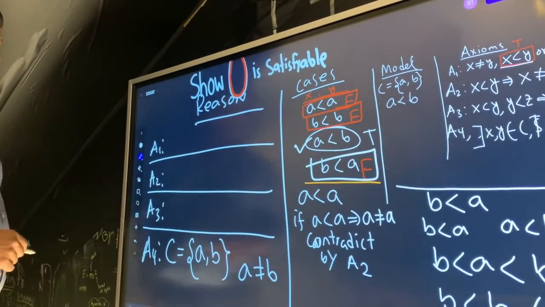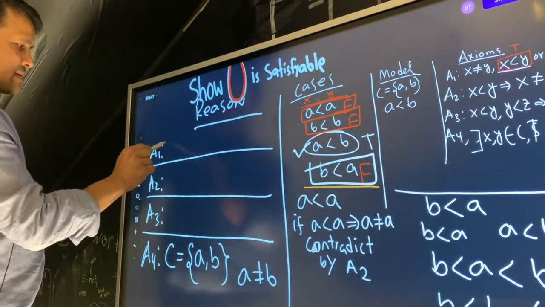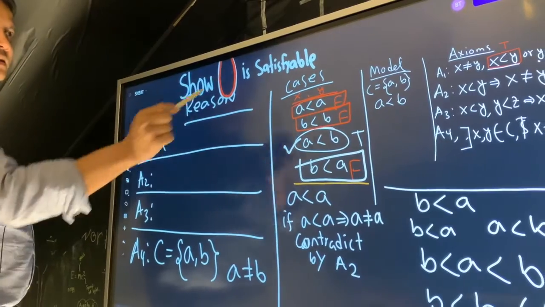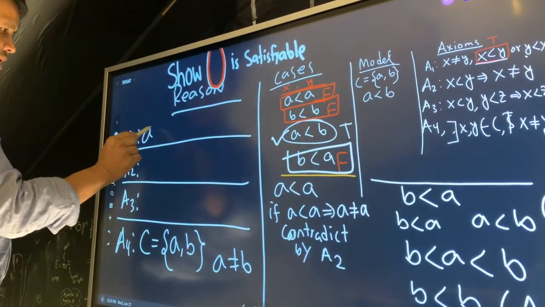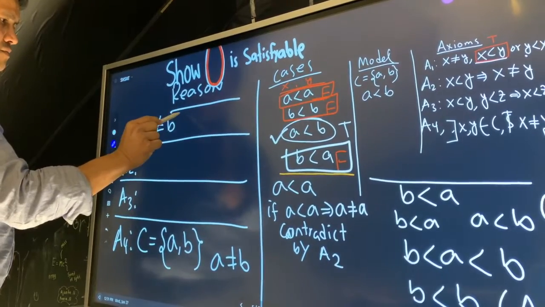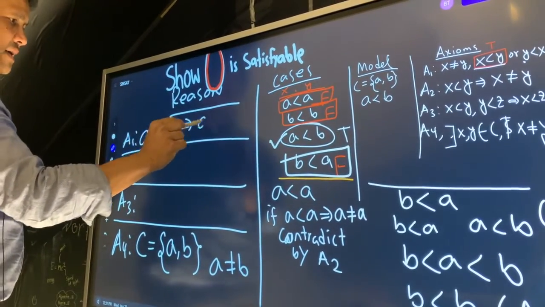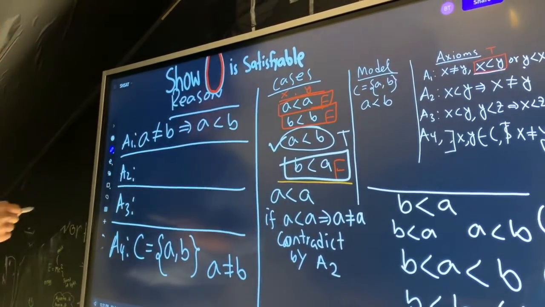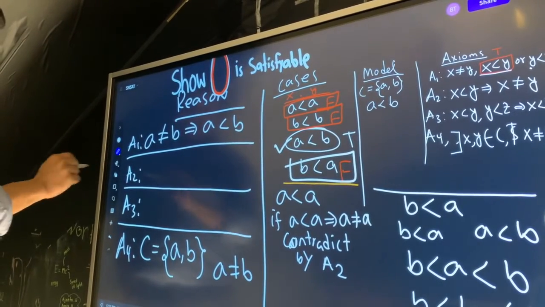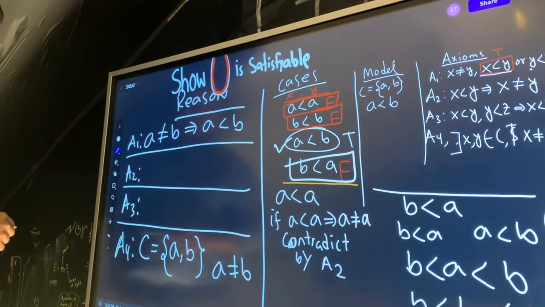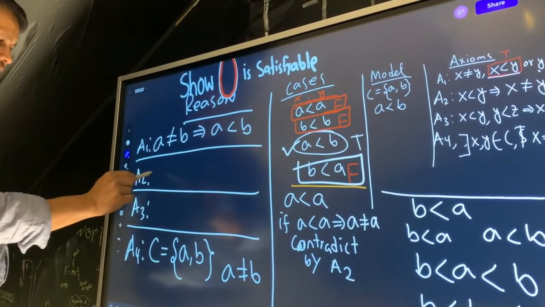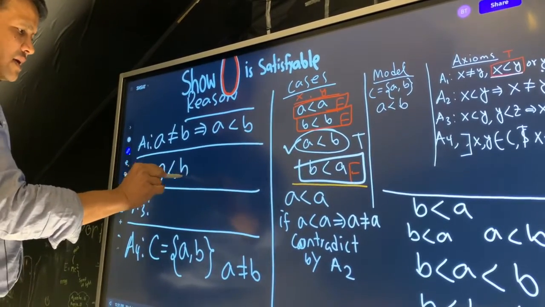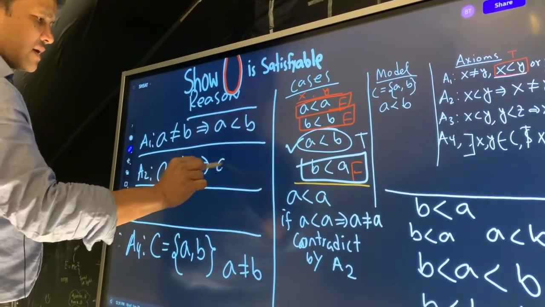Axiom 1 tells us that a is not equal to b, so that a is less than b. Axiom 2 we get for free, it's the converse: a less than b, then a is not b.